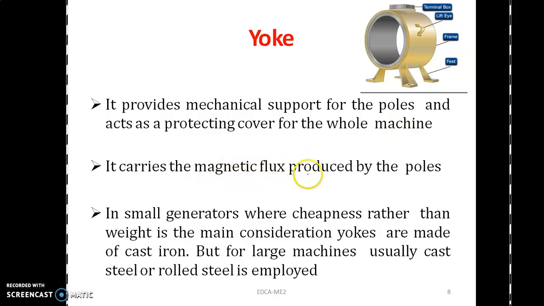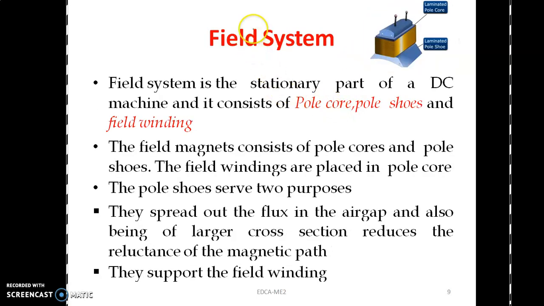It carries the magnetic flux produced by the poles. In small generators, the yokes are made of cast iron, and for large rated generators, cast steel or rolled steel is employed. In this yoke, we fix the magnetic poles. Next, the field system, that is, the magnetic field system.